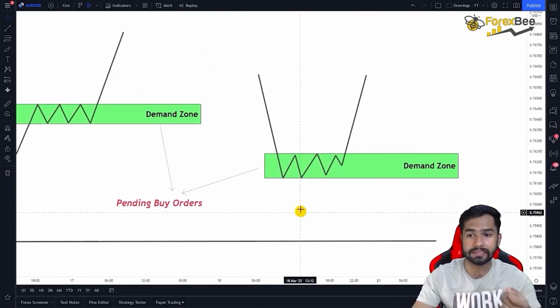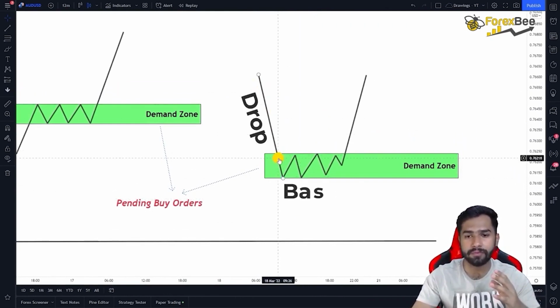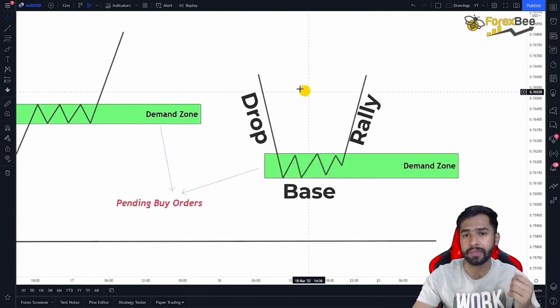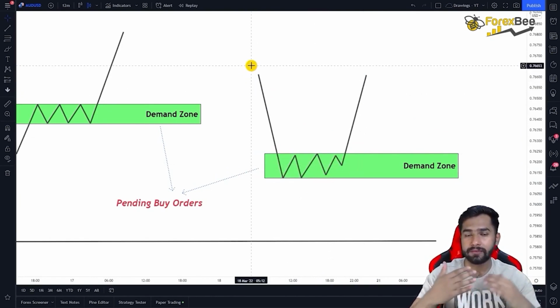Now here, this is the second type of demand zone in which we can see that this is a drop, base, and rally demand zone. Now in this demand zone, the market structure is that in the first phase, the sellers are in very good momentum, okay, and they're driving the market in the bearish direction.